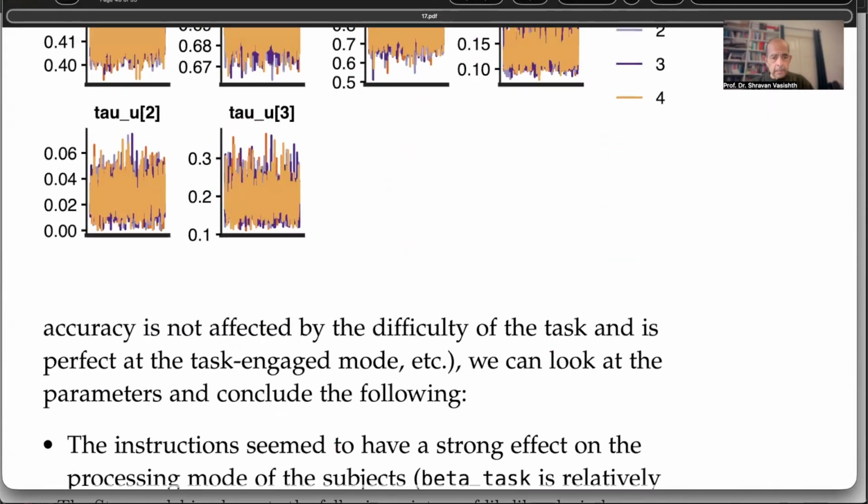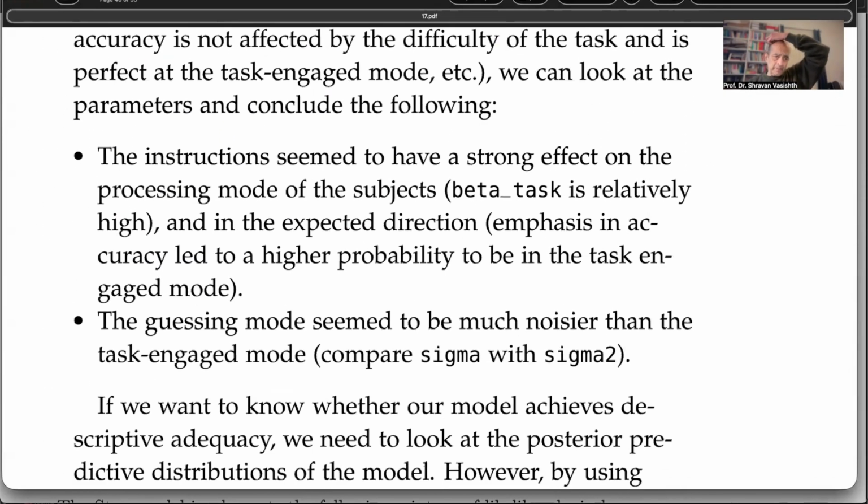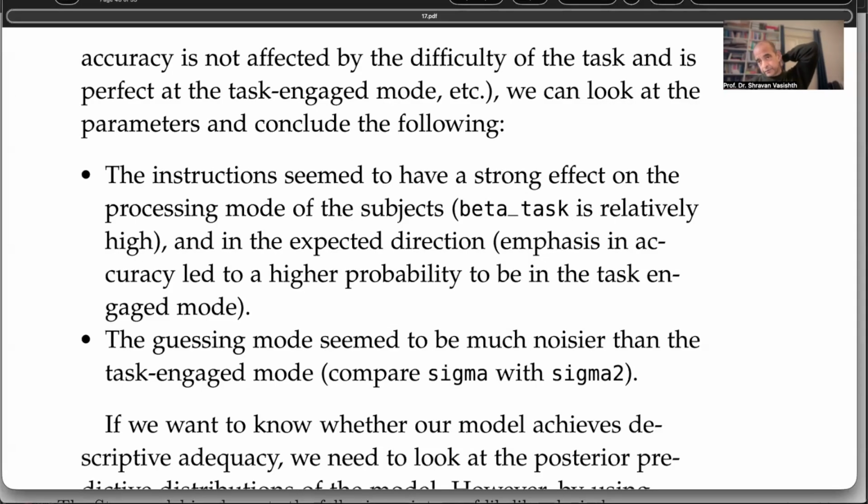All good. And so basically what we can take away from this model, of course, given the assumptions we've set up, okay, so this doesn't necessarily represent the true generative process. It's based on our theoretical assumptions and some compromises that we had to make because of the extreme complexity of the model.